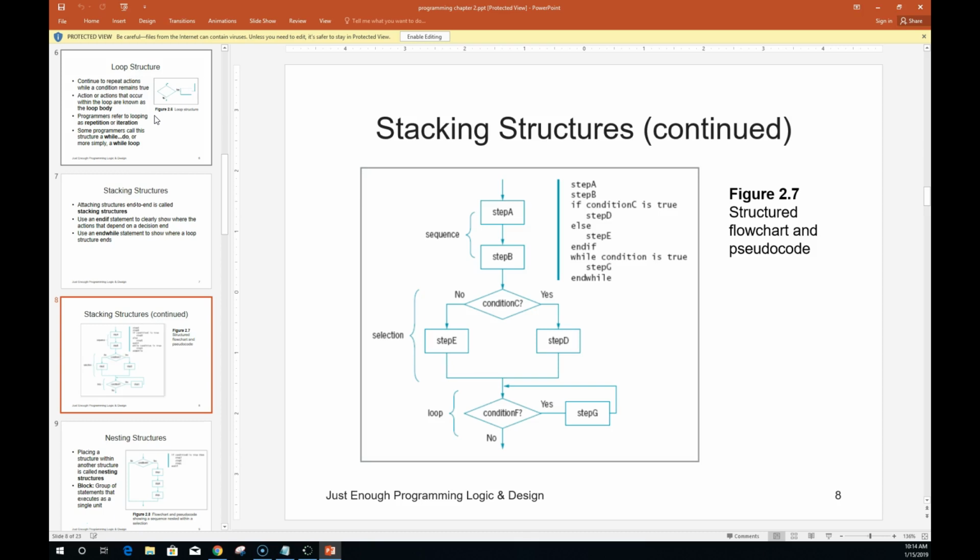So, if I look at the pseudocode for it on the right-hand side, we do step A, step B, and then that selection we're going to write in pseudocode as an if statement. So, if condition C is true, we do step D. Else, we do step E. So, we can either do a true or a false. So else really says that other piece.